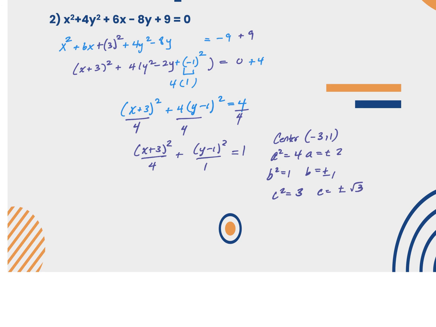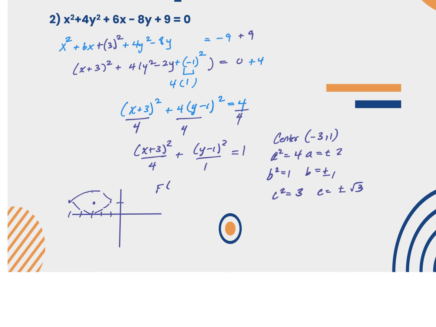Okay? And then to get the vertices, we know we're going to be on the x-axis here. So it's negative 3 comma 1. You come up here, so you're going left and right 2. Then you're going up and down 1. So it looks like that. And then to get the focus points, it's off of the center.